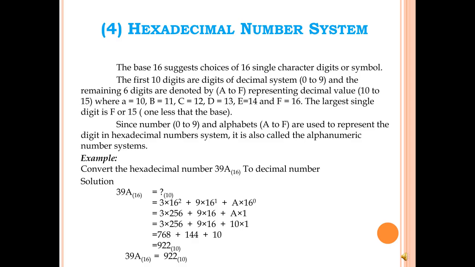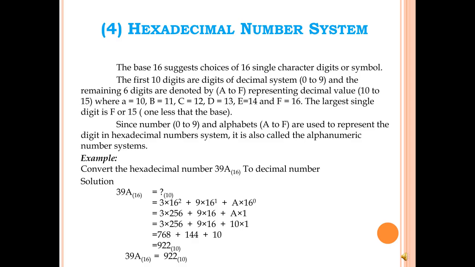Now we rewrite it, keeping the same valuation: 3 multiplied 256 plus 9 multiplied 16 plus A. As A is representing the number 10, we change A to 10 and keep it as 10 multiplied 1.